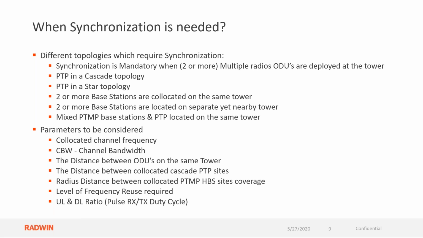when we are synchronized, we need to make sure that all the ODUs on the same tower, or sometimes between the towers, sync on the same uplink and downlink ratio. The other benefit and advantage here is that RADWIN has the capability to provide our customers any kind of flexible uplink or downlink ratio.